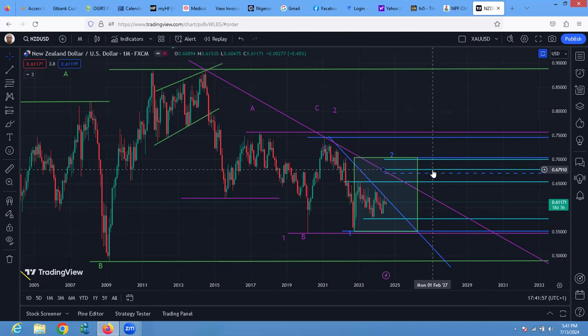I mean, at 100 extension of A, B to C. So it's slightly above 61.8. Now we have this one, a 123 is really at 76.4. So price may take this, and at this point is 78.